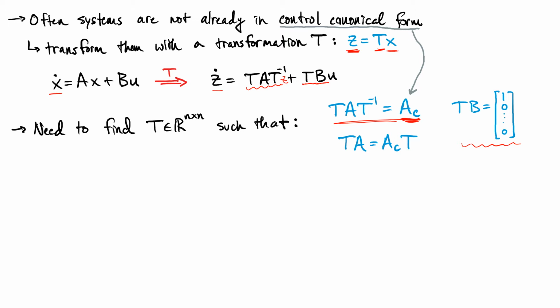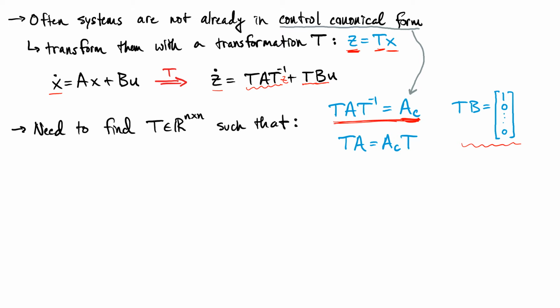And so that's what we're going to try to impose in order to translate our system from any sort of state space representation into its control canonical realization. So this is our expression for the A matrix.